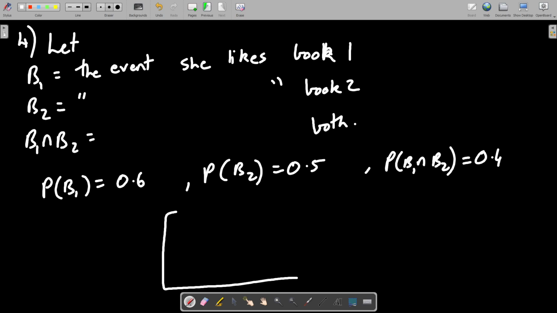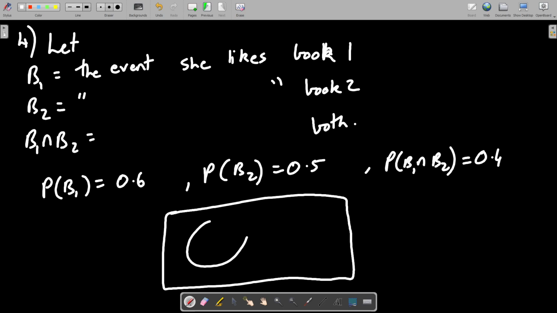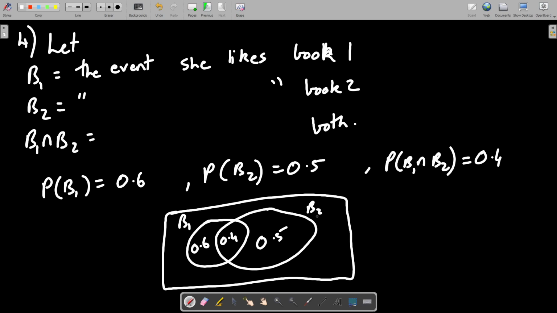Anyways, let's talk of a Venn diagram here because this is a little easy problem. We can make it easier with a Venn diagram. So this is going to be B1, B2. B1 is 0.6, I have 0.5 here, 0.4 over here in the intersection. Notice something, she may not like both the books also.